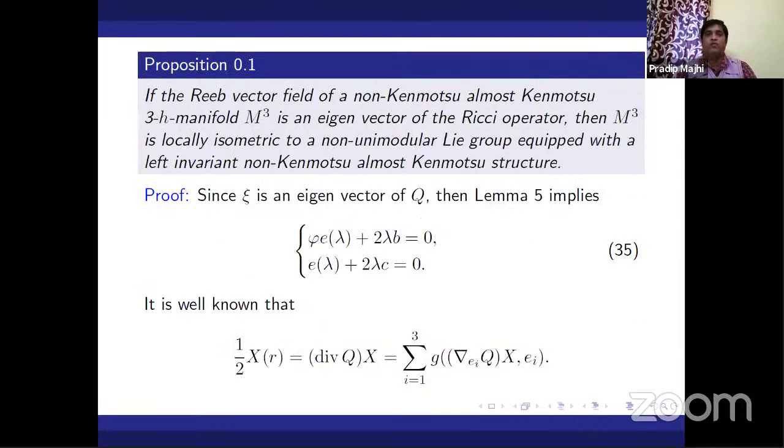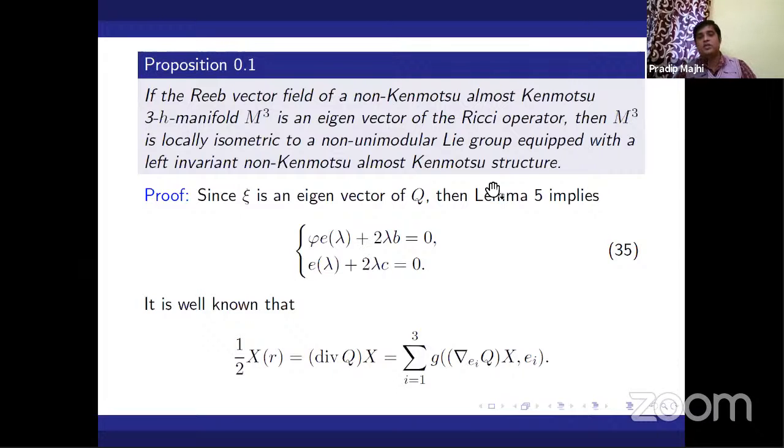Now we'll prove a proposition. This proposition says that if the Reeb vector field Chi is an eigenvector of the Ricci operator Q, then the non-Kenmotsu almost Kenmotsu 3-manifold is locally isometric to a non-unimodular Lie group equipped with a left invariant non-Kenmotsu almost Kenmotsu structure.